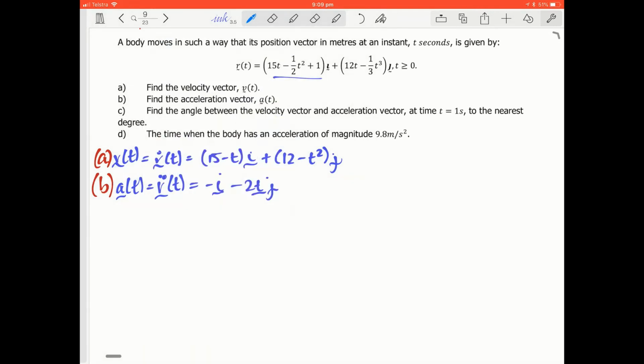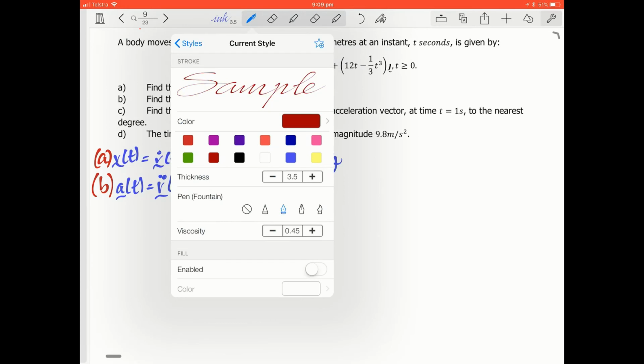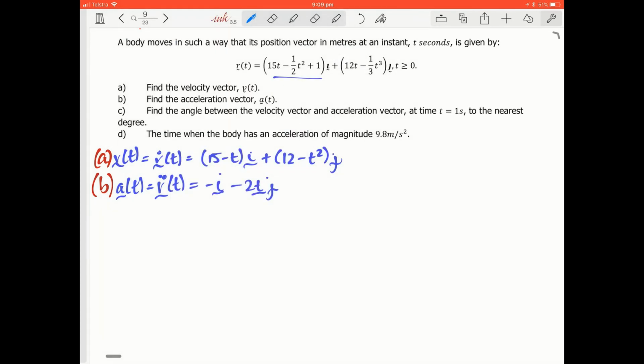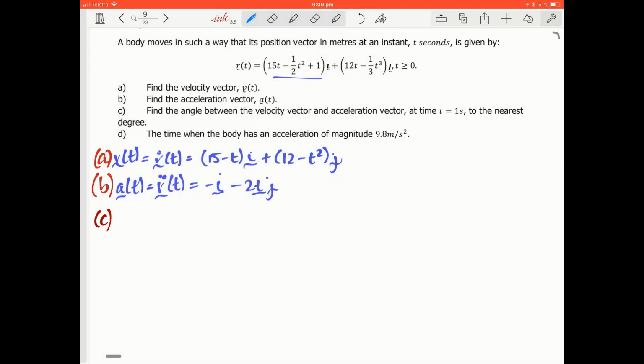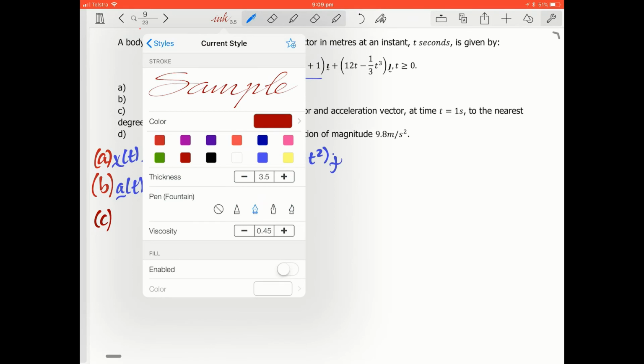Okay, from here, let's see, find the angle between the velocity vector and the acceleration vector at the time t equals 1 second to the nearest degree. Okay, so I've got to find the direction of the velocity vector when t equals 1.